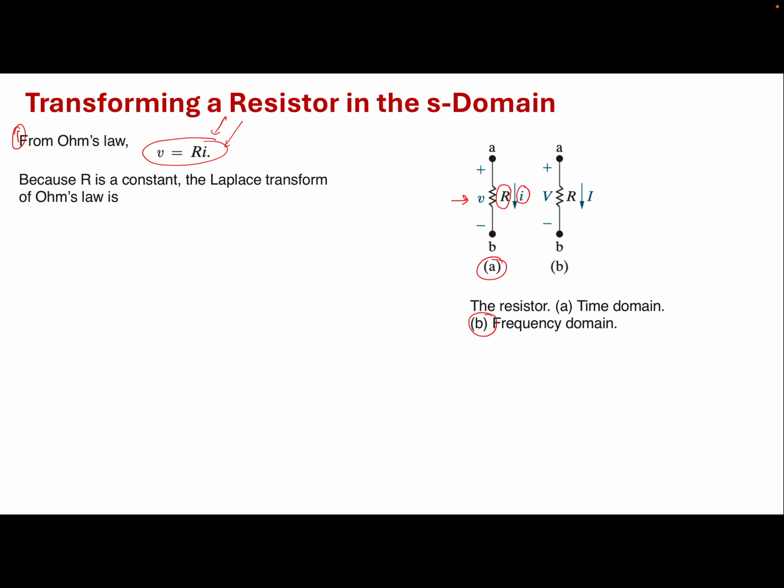I know that the Laplace transform of the voltage should be capital V, and the Laplace transform of the small current i is capital I. Laplace transform of i of t is capital I. This is another point that I made in the last chapter: the time domain signals we usually denote with smaller letters, and the S domain signals we usually write with capital letters.